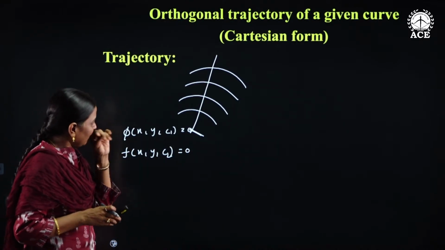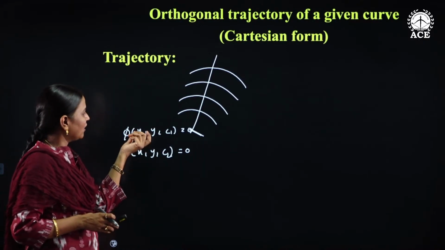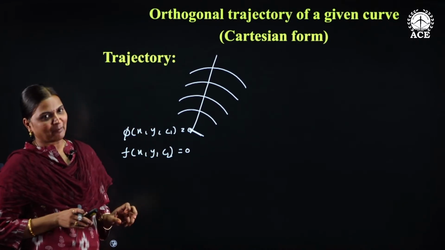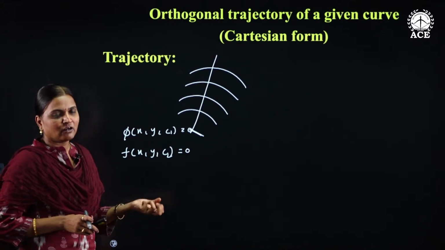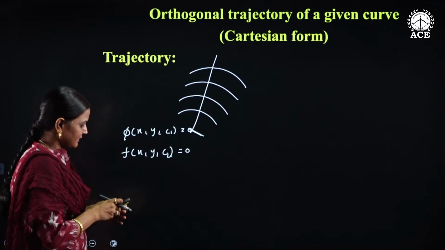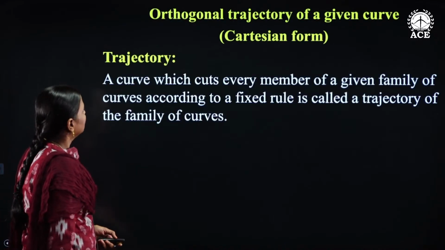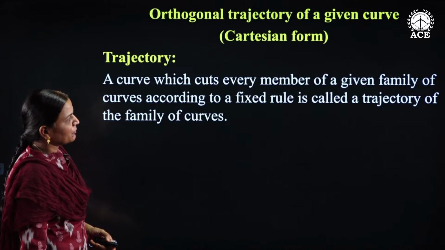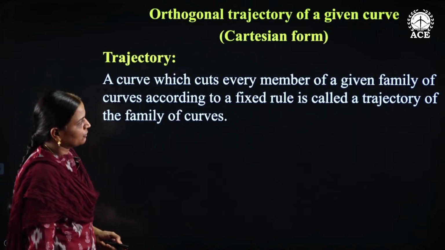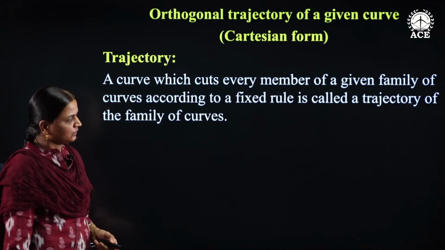If every member of one family of curves cuts every member of another family of curves, that is called the trajectories. So, a curve which cuts every member of a given family of curves according to a fixed rule is called a trajectory of the family of curves.